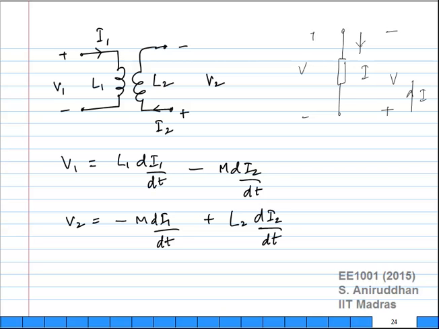These are just representative directions you are choosing for the currents and voltages. What will happen if the actual current is not in that direction? Let us say you chose a direction looking upwards, but the actual current through the element is 5 amperes flowing downwards. What will happen?